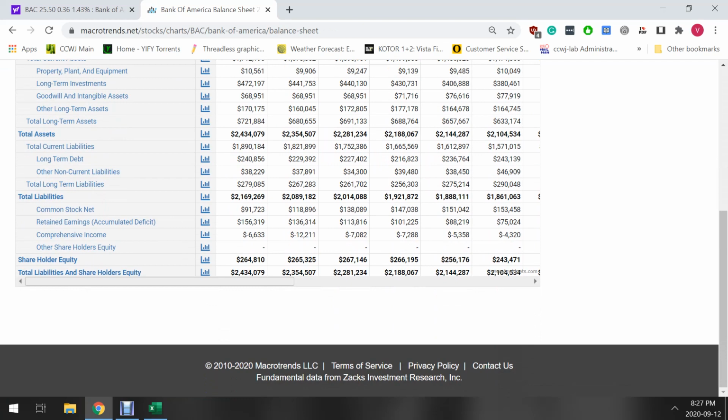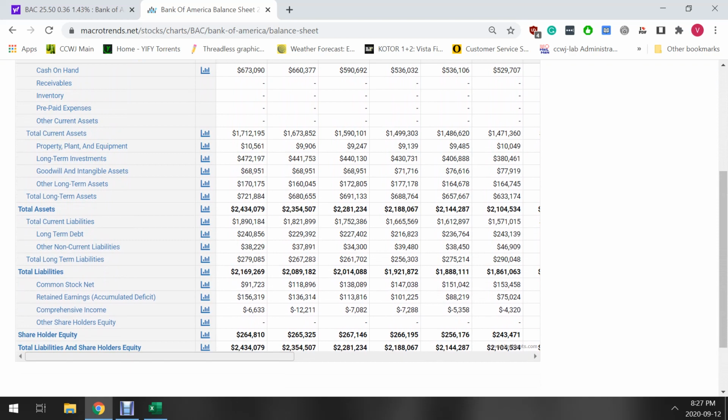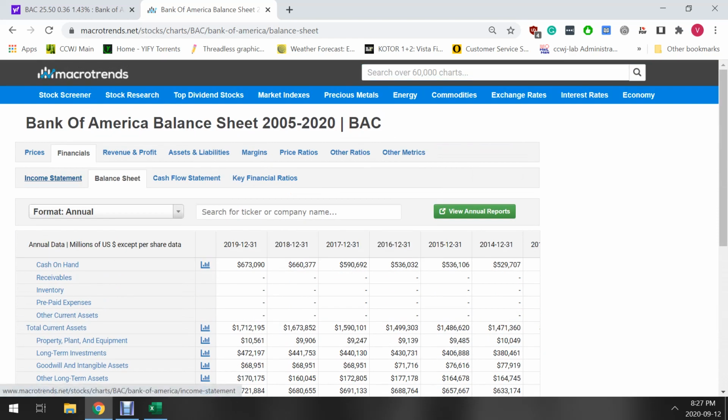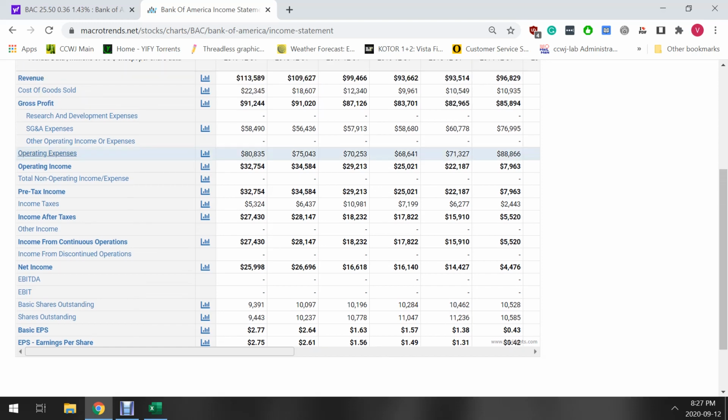What I want to see is how this bank is doing. Sorry, you have to go to the income statement basically, and over time we have to see whether the income is increasing or decreasing.